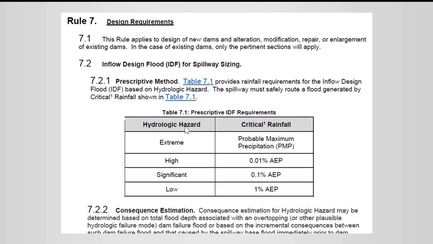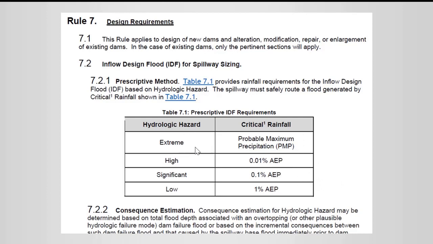So extreme hydrologic hazard has a PMP storm or PMF flood. High hydrologic hazard has a 10,000-year flood. Significant hydrologic hazard has a 1,000-year flood, and then low hydrologic hazard has a 100-year flood. So these generally come from our rainfall estimate, and then rainfall-runoff modeling.